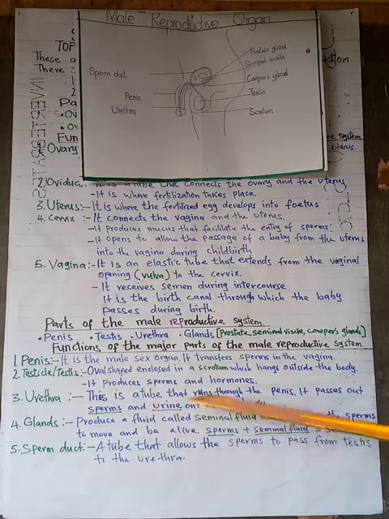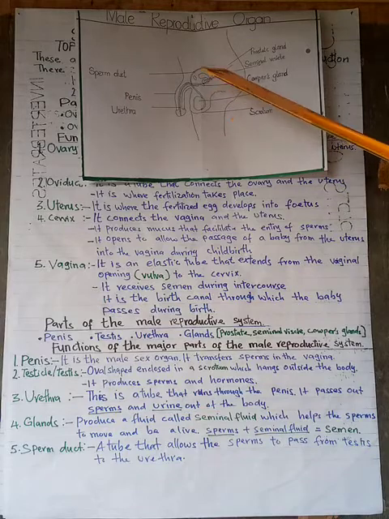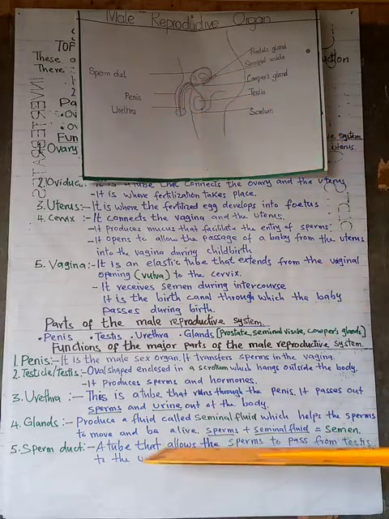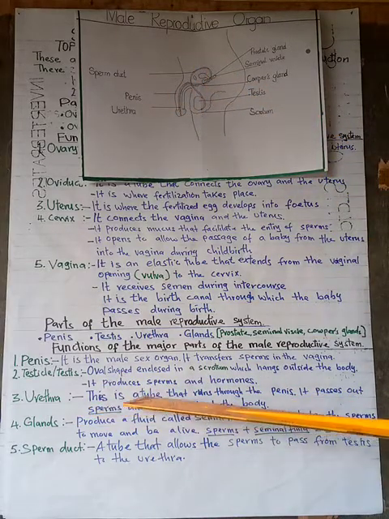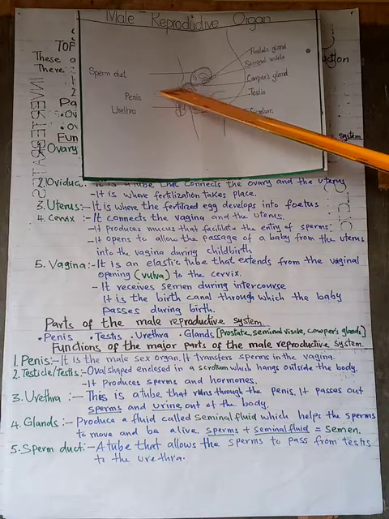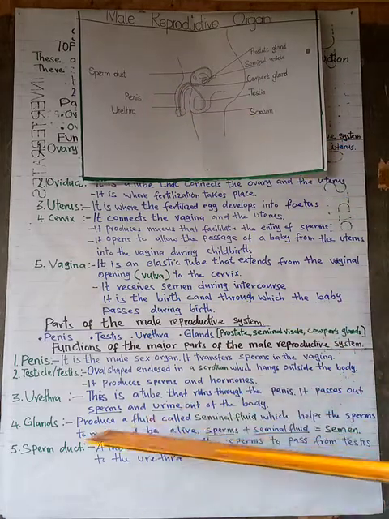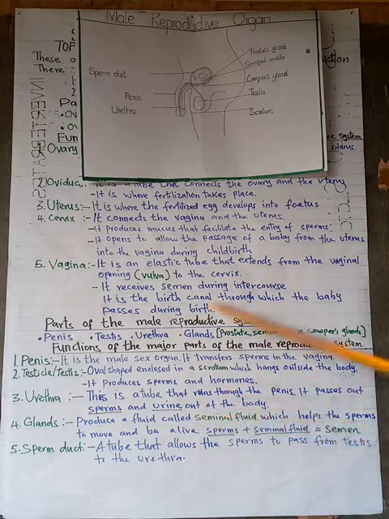Then you have the urethra. The urethra is a tube that runs through the penis, and it passes out sperms and urine out of the body.